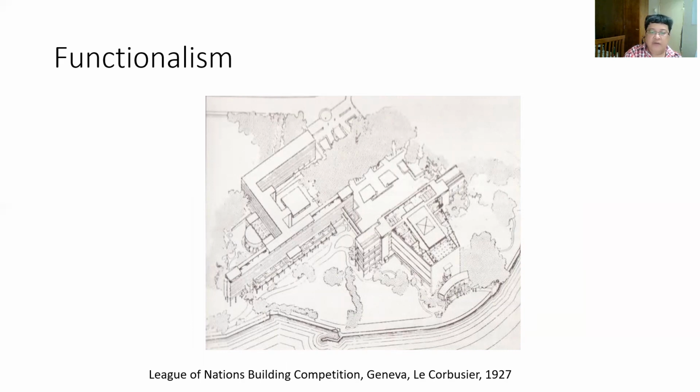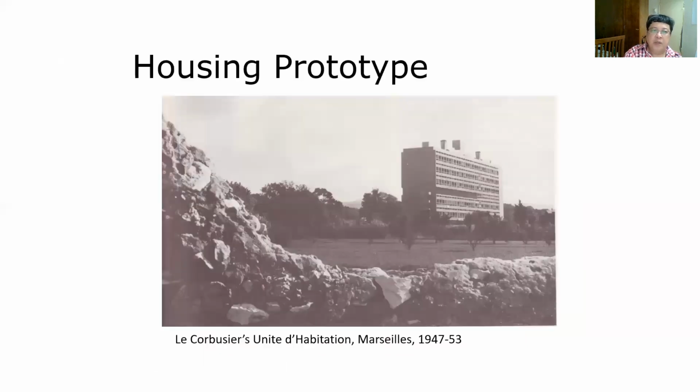In 1927 by Le Corbusier here. Housing prototypes started, Le Corbusier Unité d'Habitation Marseille. This is 20 years down the road in 1947 and 53, where this style is already established and there are more multi-story buildings being produced.